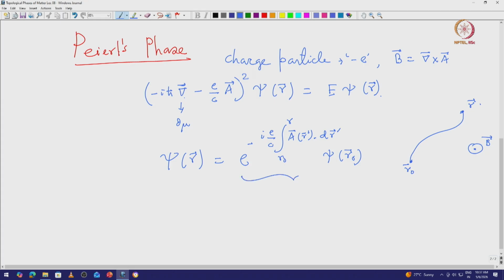This is our parallel transport P. Okay. So, it depends on r and r0, and in principle it should also have the path. It depends on the path it took, unless different paths are homotopic, that we will talk about later. So, path ordering.